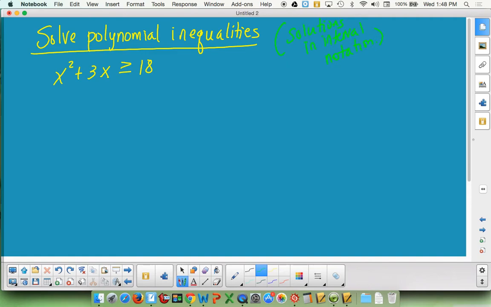So if we're going to have answers in interval notation, well, we still want to get this thing always greater than or less than 0. So I'm going to subtract the 18 over. Okay, and now I want it to be greater than or equal to 0. What does it mean to be greater than or equal to 0?